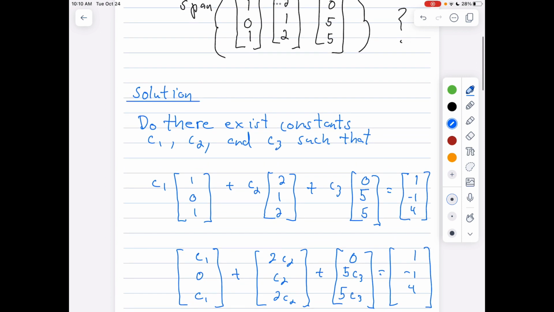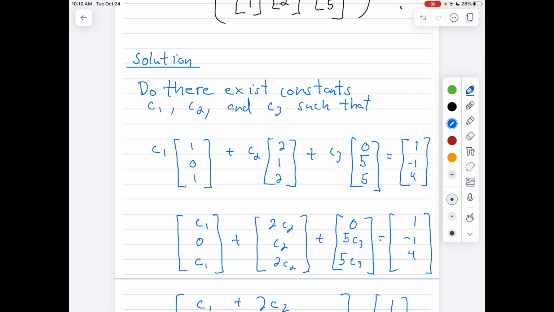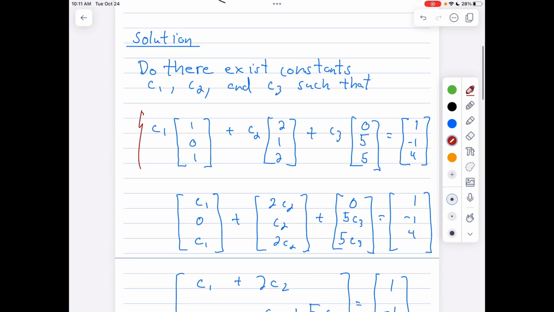So that's the question, and this is how it's phrased mathematically here. Let's put that in red. If that were the case, then I could do some algebra here. For example, C1, C2, and C3 can be distributed into each of these column vectors, as we like to call them when you have one column.